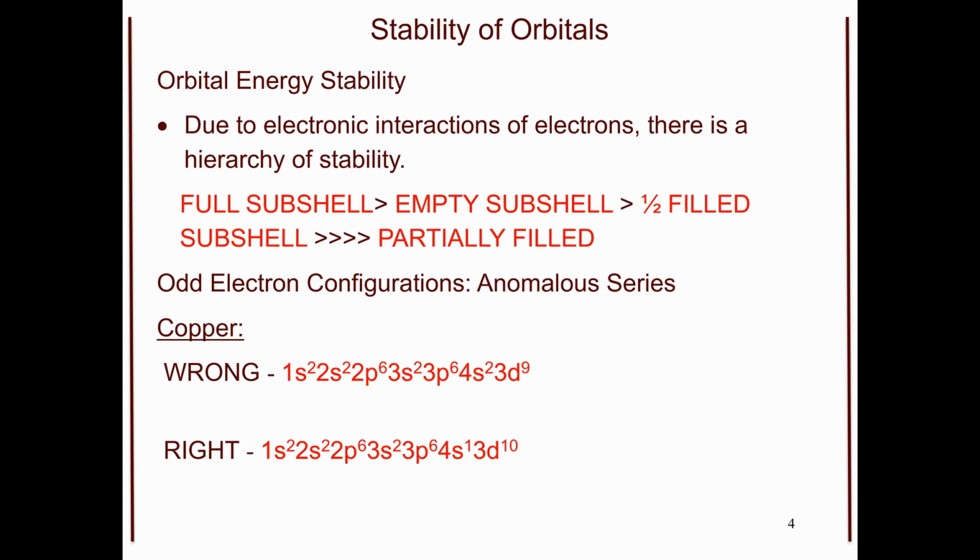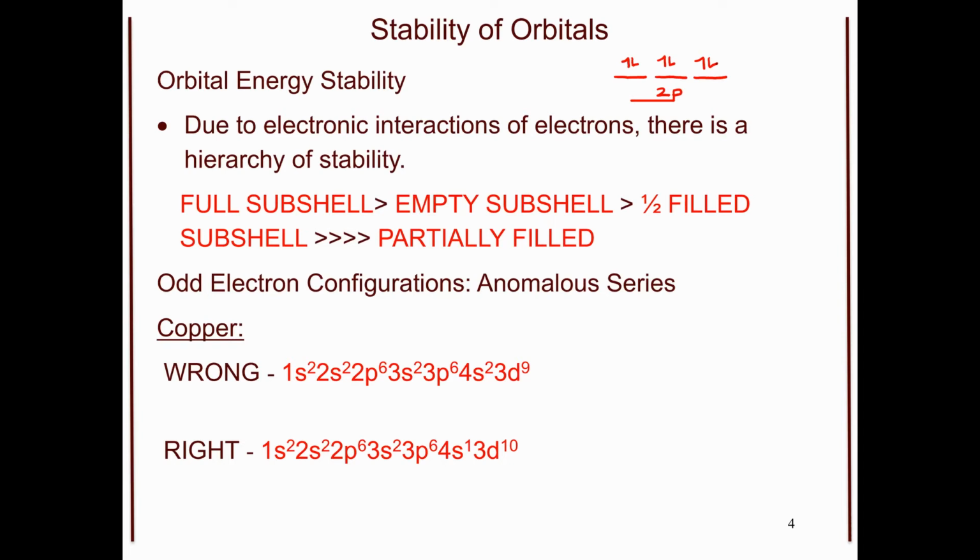So what we're going to find out is that a full subshell is actually incredibly stable. If I claim that this is the 2p subshell, that means that I have all of my electrons full and they are paired up equally.